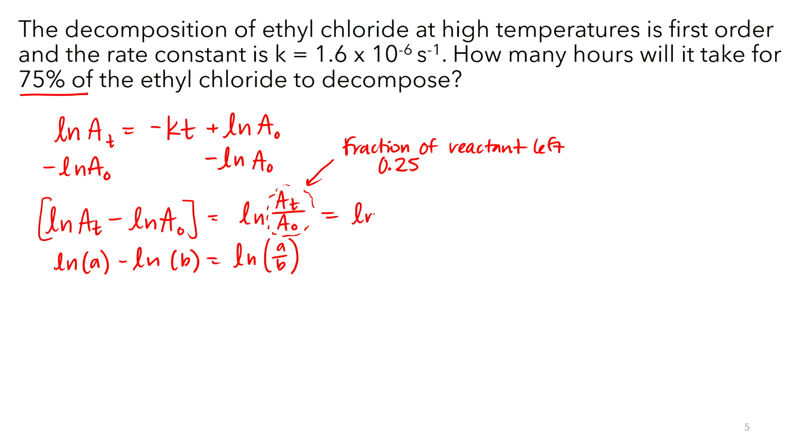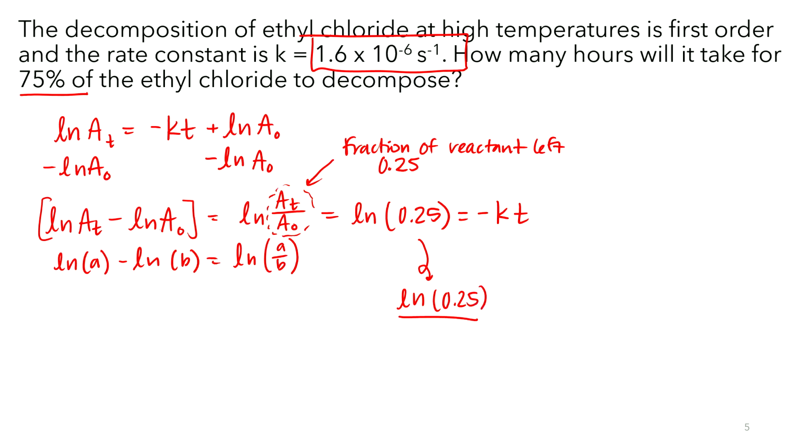So I'm going to write ln of 0.25 equals negative kt. We've got k, we're just going to plug that in. So I'm going to rearrange, divide both sides by negative k, and I have ln of 0.25 divided by negative 1.6 times 10 to the negative 6 inverse seconds. That's going to bring seconds back up for me. So my answer initially will be in seconds. I got 866,434 seconds.